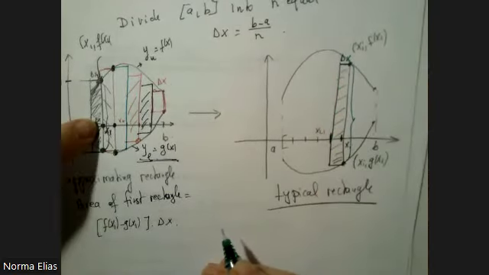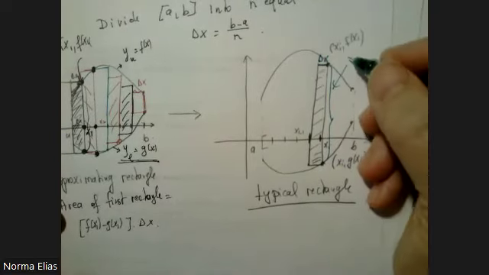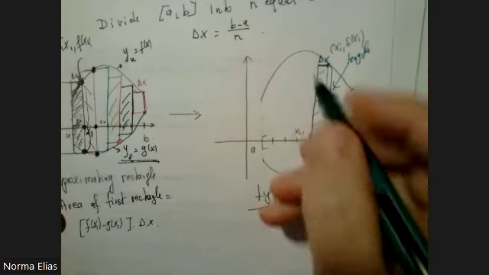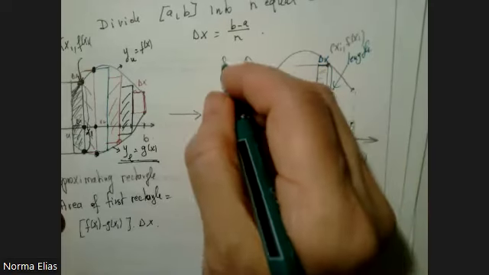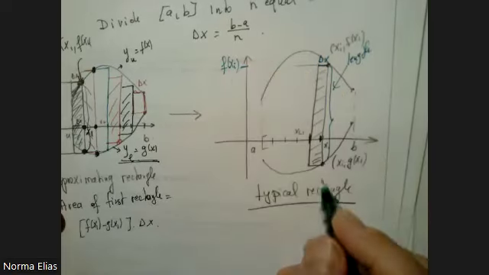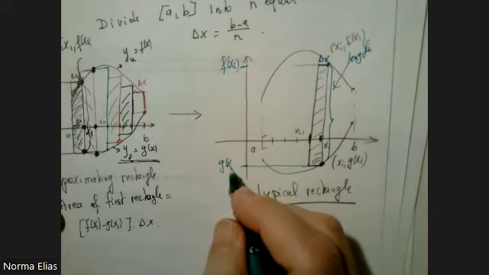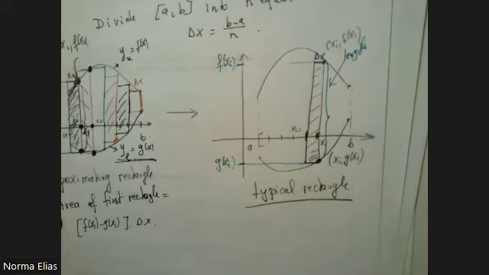What's the length? This is xi. This is right here, f of xi. If this is xi, this point here is g of xi. So the length is going to be the upper value minus the lower value. And the width is going to be delta x.